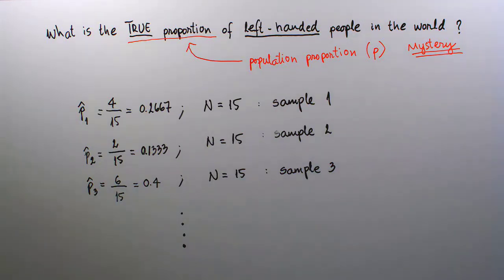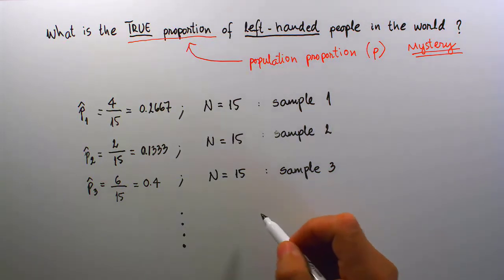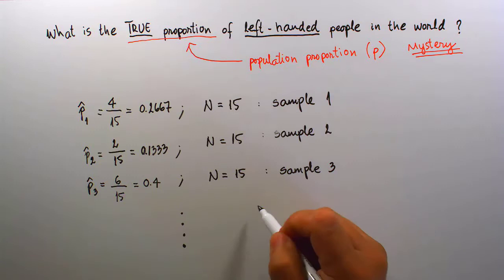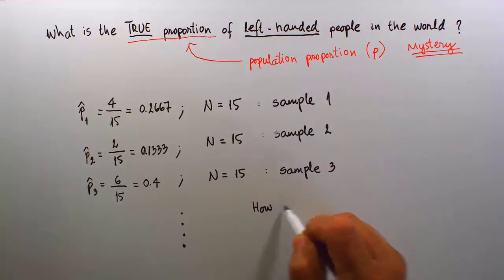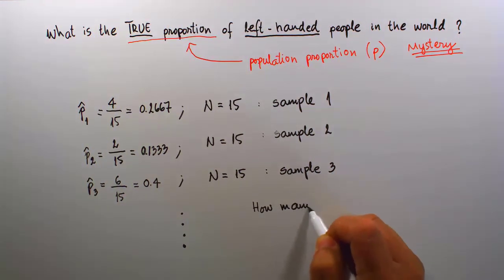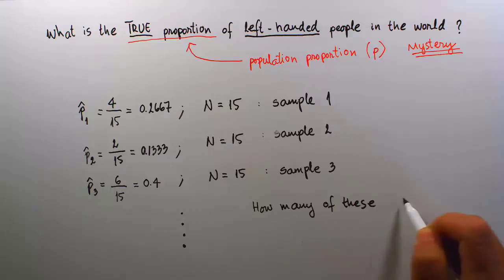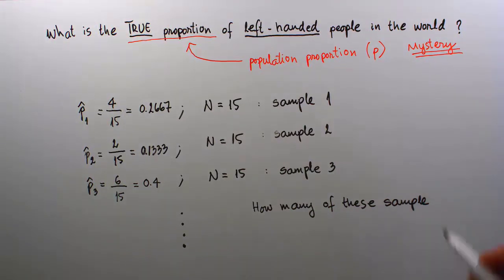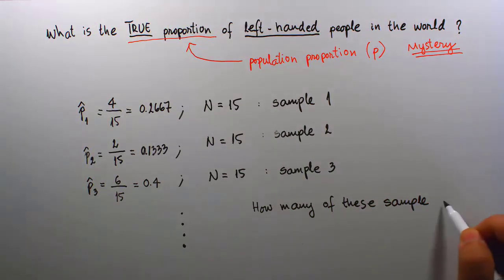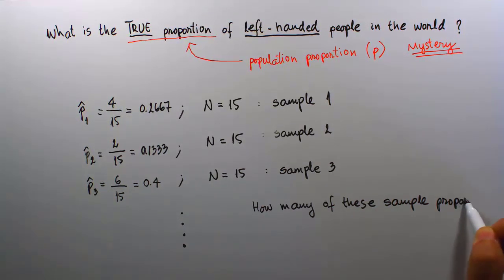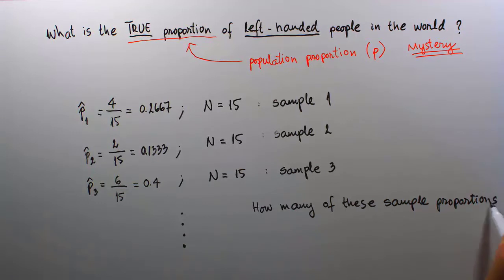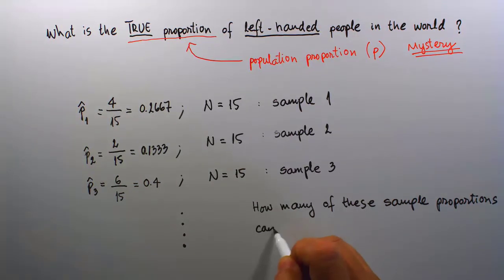So the question again being addressed here is, how many of these samples can there be? How many of these samples, and of these samples, I mean the sample proportions, can there be?